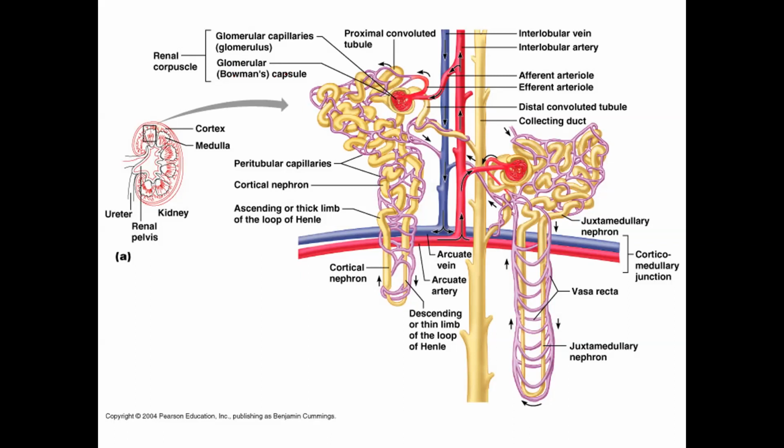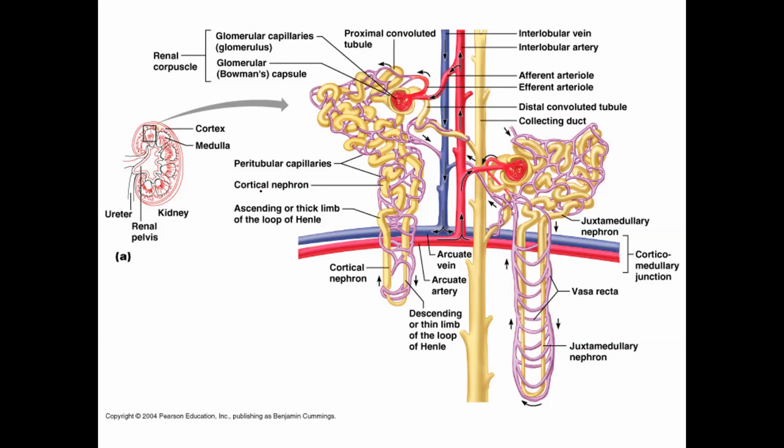Then the next part will be the PCT, then the loop of Henle, and the last part will be the DCT. 5 parts, yeah? So there are 2 types of nephrons.